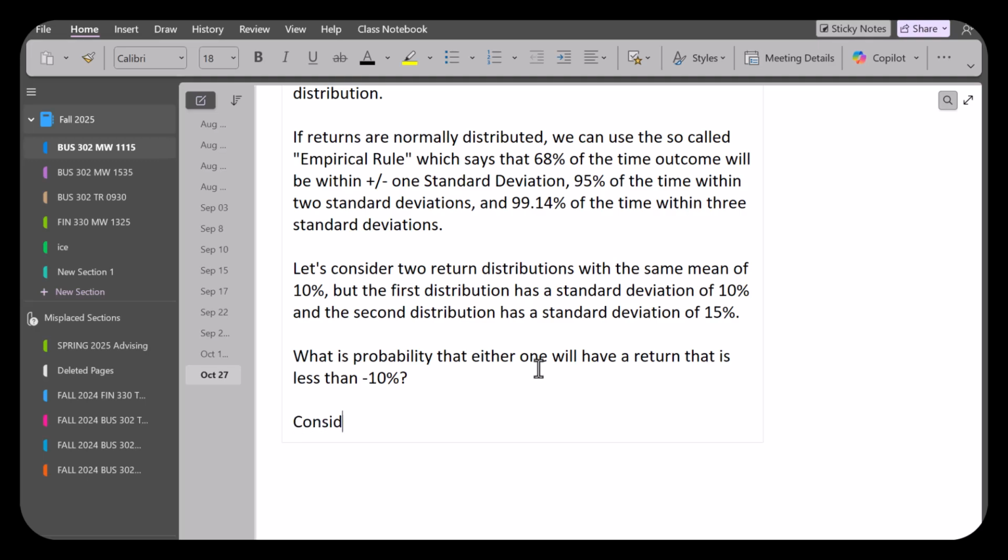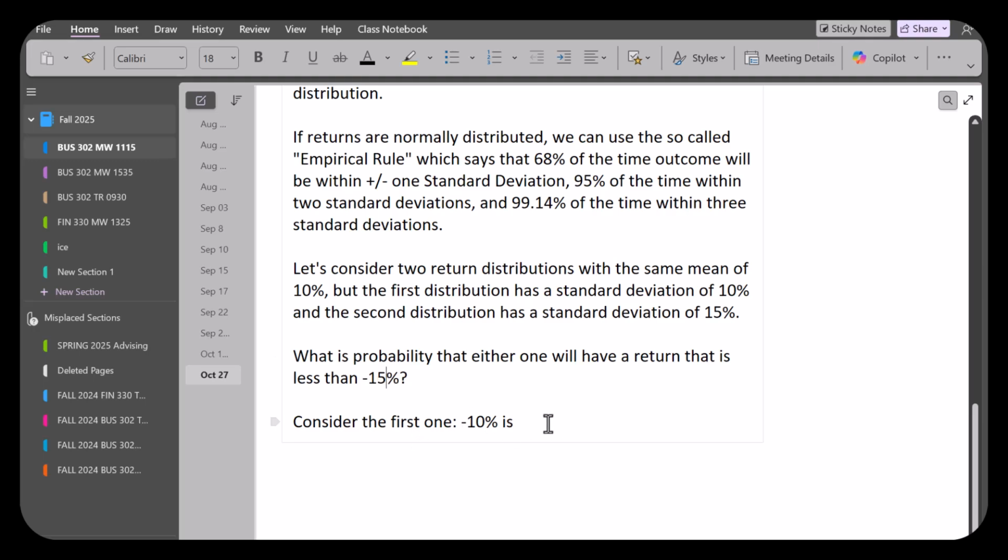Consider the first one. Negative 10% is, actually, let's do negative 15%.